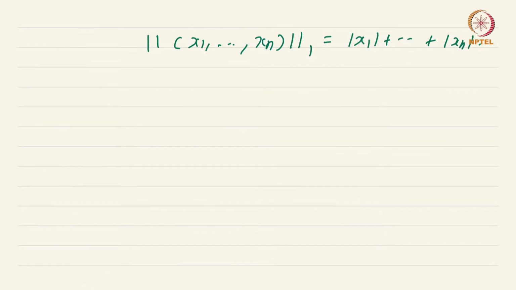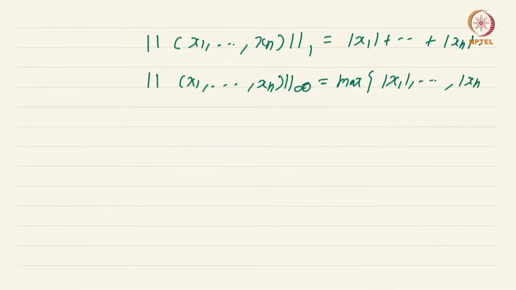The other one is called the L infinity norm on Euclidean space, which is denoted with an infinity. This is nothing but the maximum of the absolute values of the various components. Needless to say, check that these are norms.